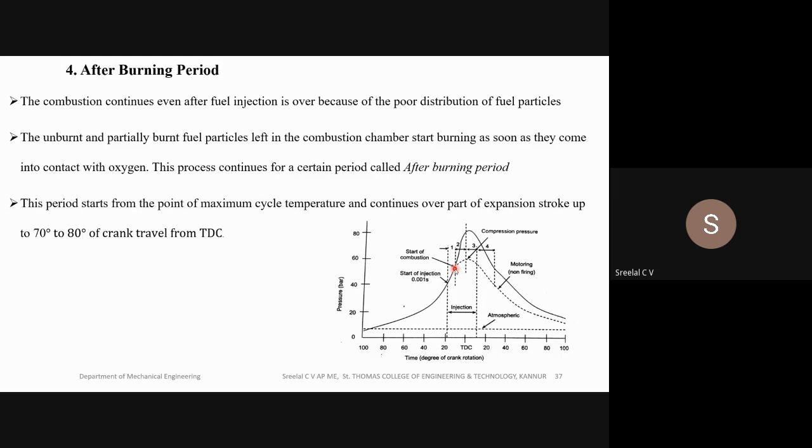Here you have to understand that we are giving a heterogeneous mixture. As a result, there will be many unburned and partially burned particles.